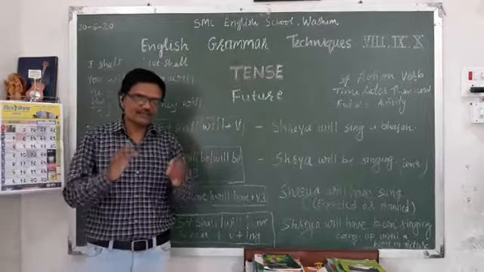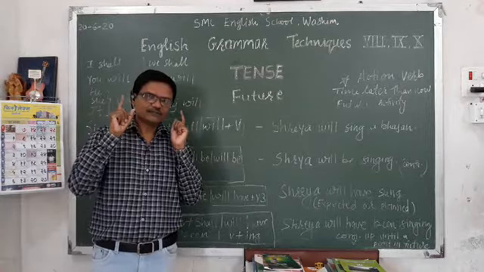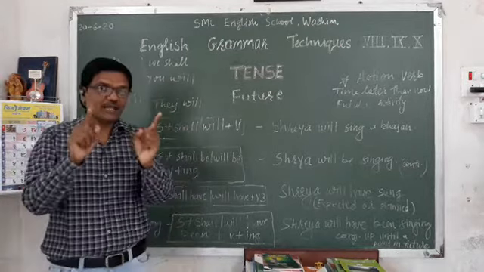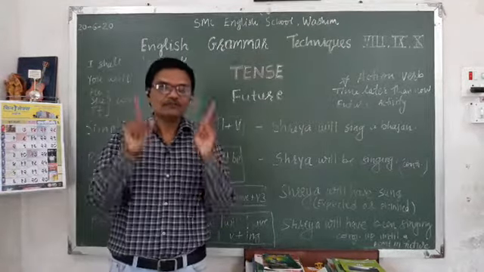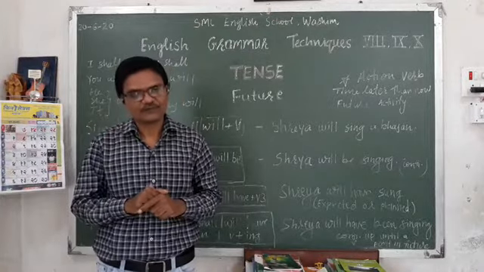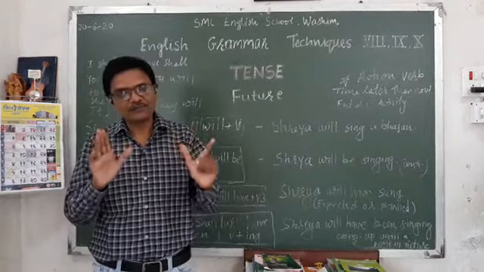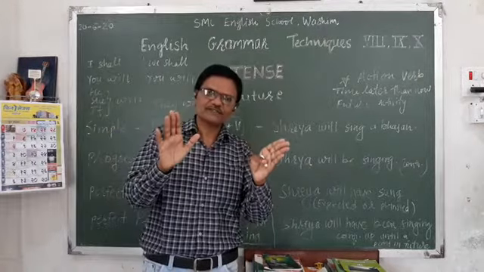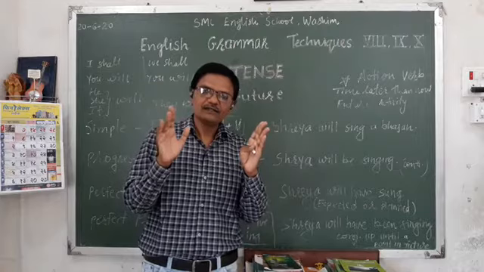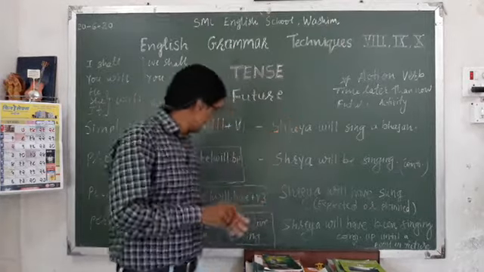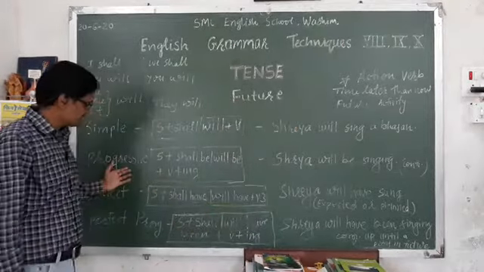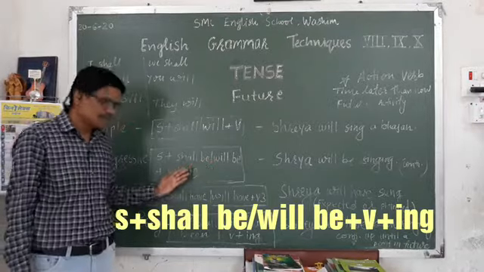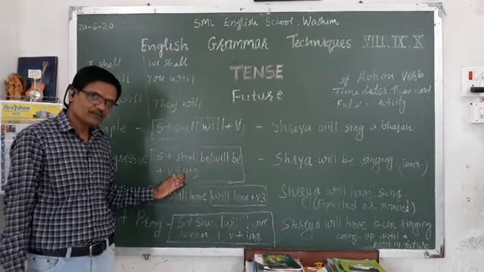In future tense, let me make you sure that shall and will is compulsory for all the future actions. Whether you are using simple, progressive, perfect and perfect progressive, in all types, shall and will is compulsory. So, in progressive tense, subject plus shall be, will be plus verb plus ing.